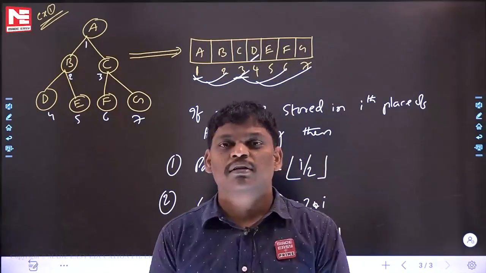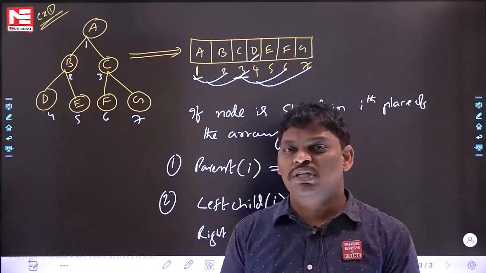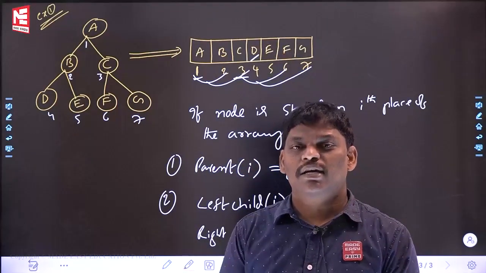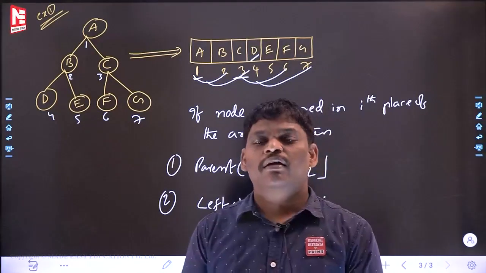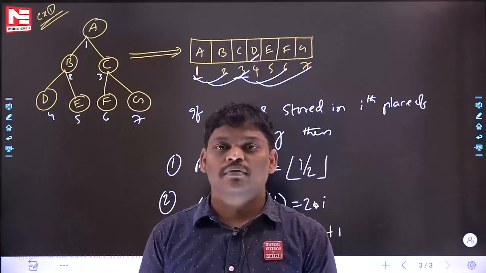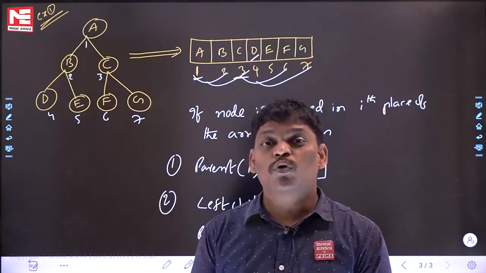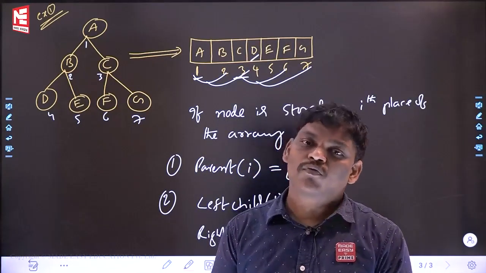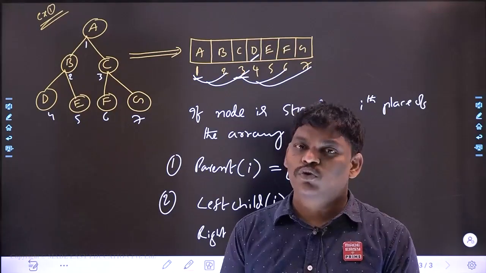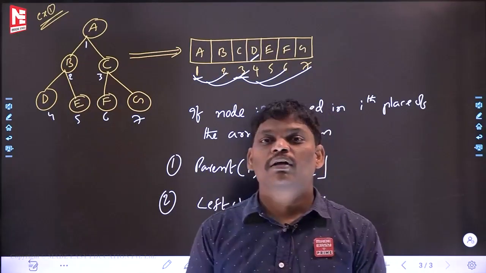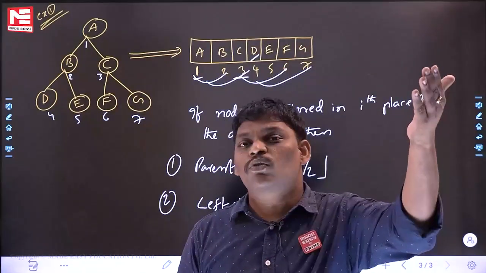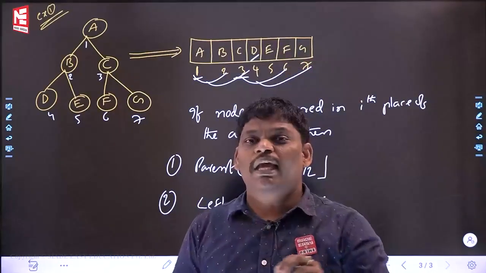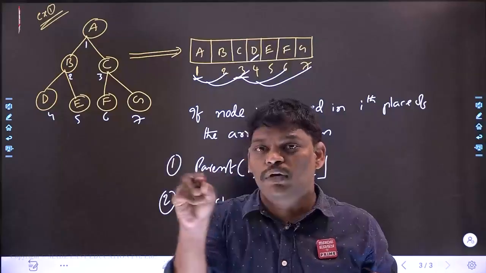And one more thing, see this interesting question. In one of your previous papers, this question is given: if your binary tree is stored in the form of an array, how to find out the parent of i? The answer is i by 2, floor. But try to remember, in that problem they gave that the array index is starting from 0, not 1.